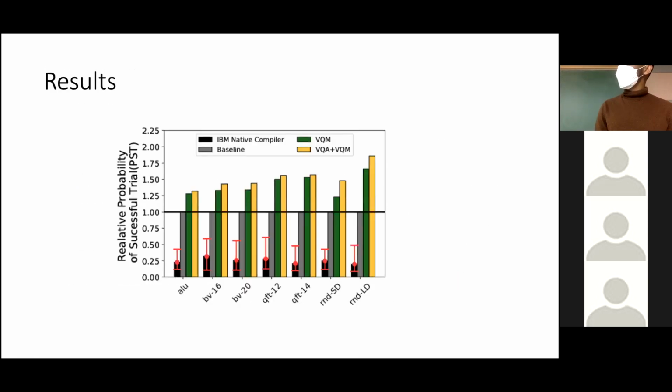So VQM, yeah. I thought the baseline is finding the shortest path, just minimizing the number of swaps. Yeah, minimizing the number of swaps or minimizing the weighted. That one is the variation, the VQM. So why is it called variational?